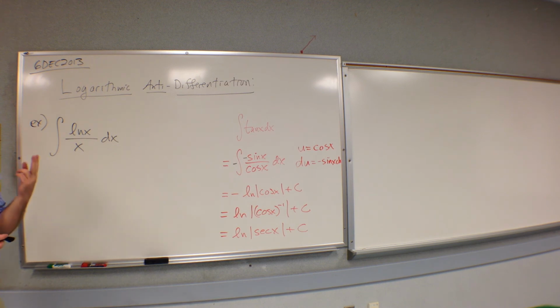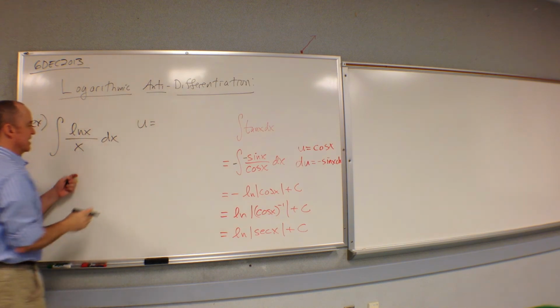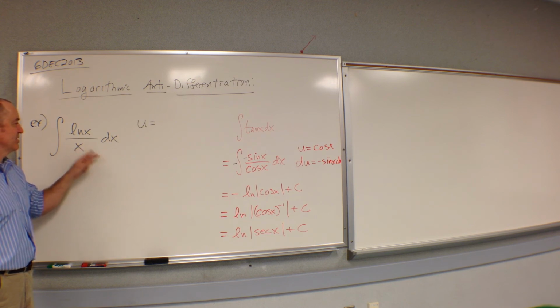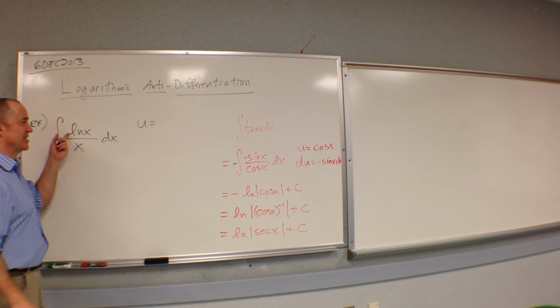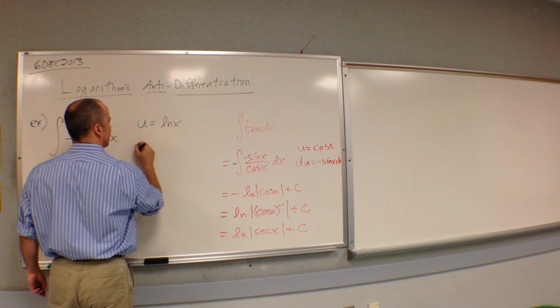What are our two choices for u? x and ln x. If I make u equal to x, du is just going to be 1. I've got to deal with this natural log of x. I can't ignore it. I'm going to make u the natural log of x.